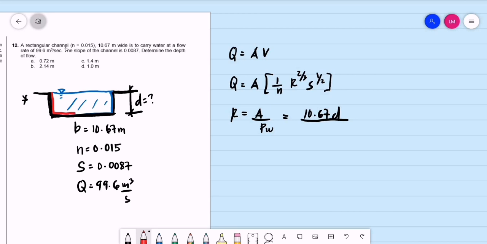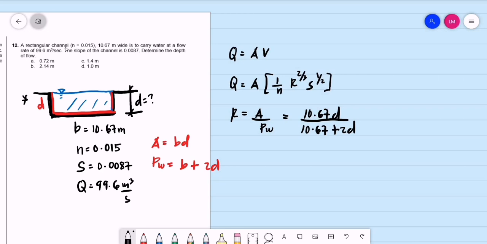For the rectangular section, the area is base times D, and the wetted perimeter is the base width, that is B, plus the depth on both sides, that is plus twice the depth. So we have a width of 10.67 plus 2D. That will be our hydraulic radius.